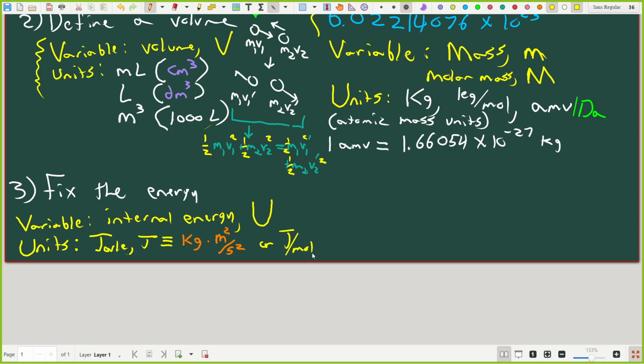But there's nothing here that tells us what a temperature is. How do we convert between internal energy and temperature? They have very different units. Kelvin has nothing to do with joules. Celsius has nothing to do with joules. But you have this intuitive sense that they must be related to each other.